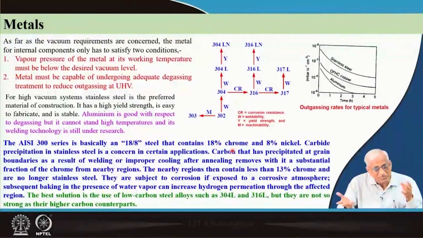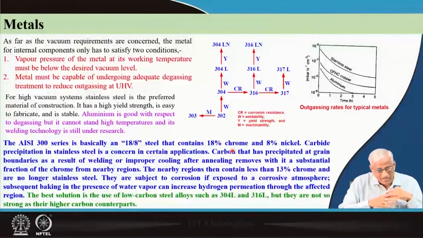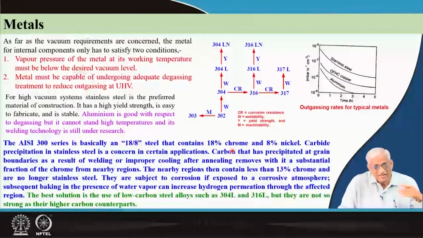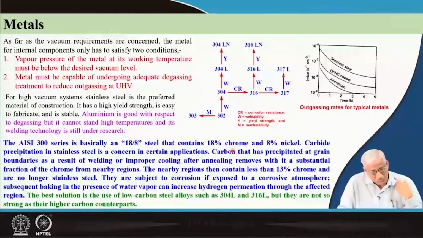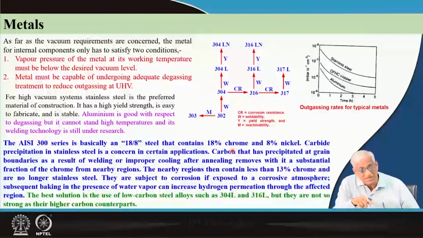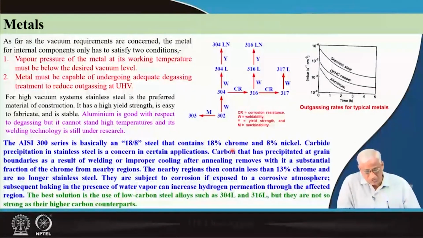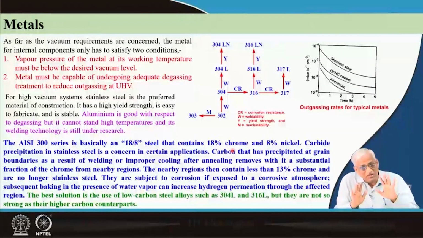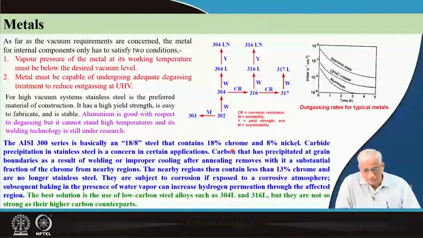The shiny appearance is related to something, and corrosion is related to something. So, this carbide precipitation is an issue. You can look into the website and Wikipedia, where a huge amount of introduction is given. I am not going to discuss that, but this carbide precipitation results in hydrogen permeation, and vacuum compatibility is going to be poor in some situations. So, you should be careful in handling carbide precipitation.